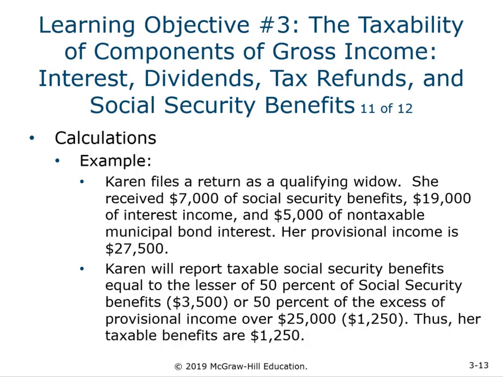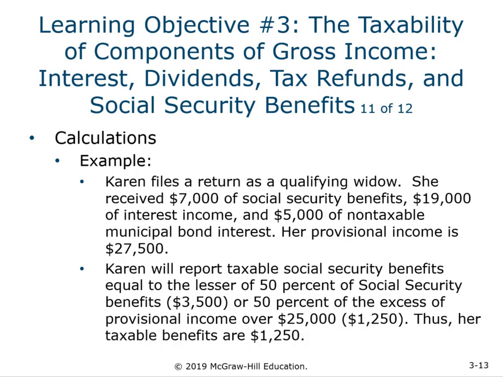So Karen will report taxable Social Security benefits equal to the lesser of 50% of Social Security benefits, that's half of the 7,000, 3,500, that's the most she could be, or 50% of the excess of the provisional income over the threshold. She's only over the provisional income threshold of $25,000 by 2,500.